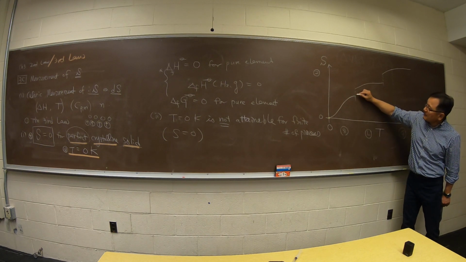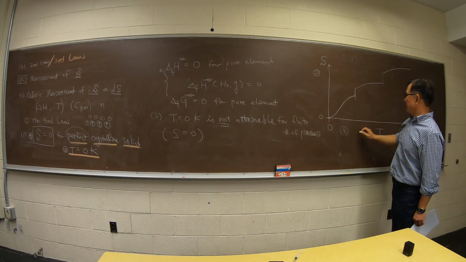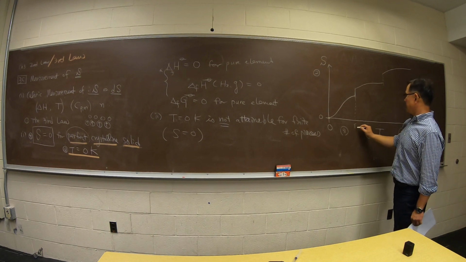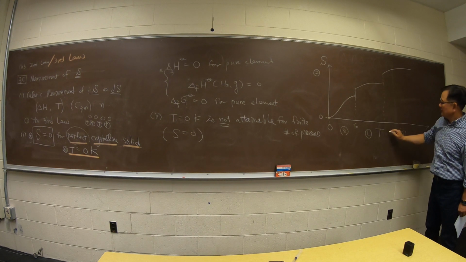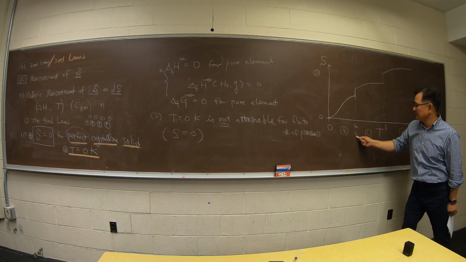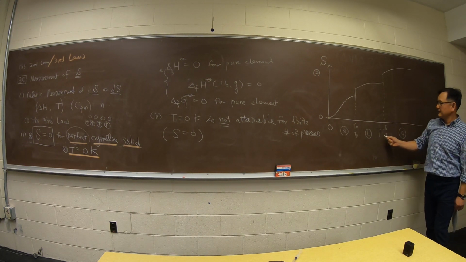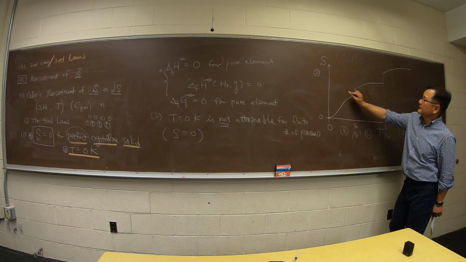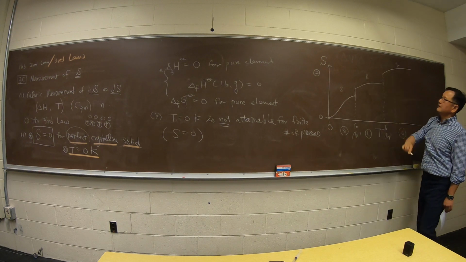This one is represented by the melting temperature, and this one is the boiling temperature. Somebody may say fusion temperature, somebody may call it vaporization temperature. It's up to anyone who wants to put a different symbol there. But anyway, this is solid, this is liquid, this is gas.